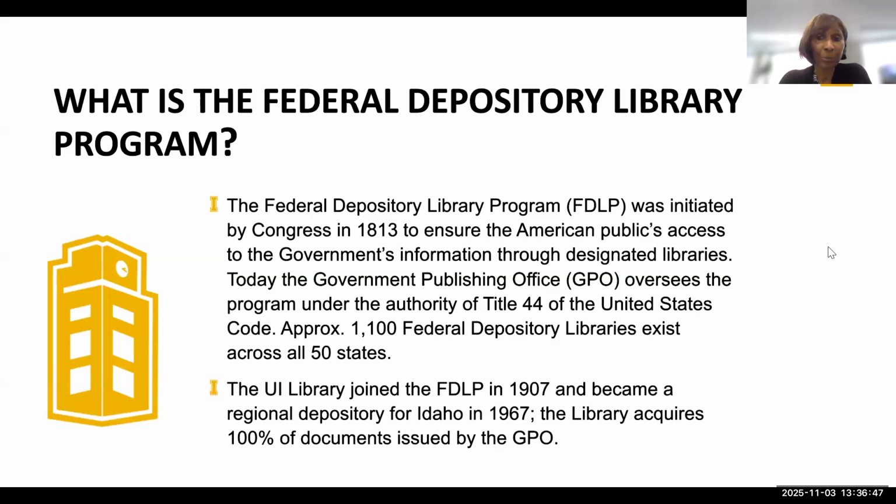The Federal Depository Library Program is the primary distributor of government documents to depository libraries across the country. Some state agencies do send materials directly to libraries, but it's primarily through the FDLP program that libraries get their government document information.